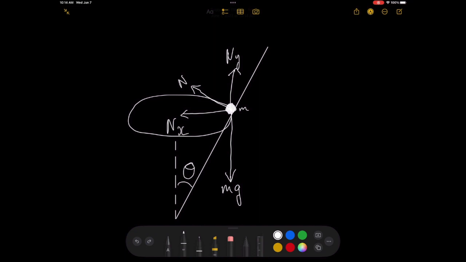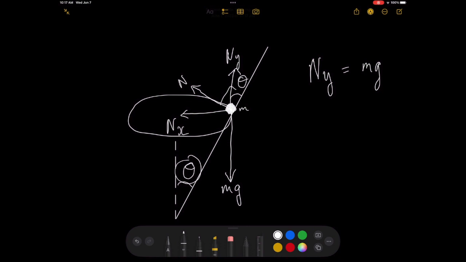Well, we know that ny is equal to mg because the particle is stationary in the y-axis. It doesn't move up or down. So let me just write that: ny equals mg. And so what is ny in terms of n and theta? If this angle is theta, then this angle also has to be theta because it is in series.